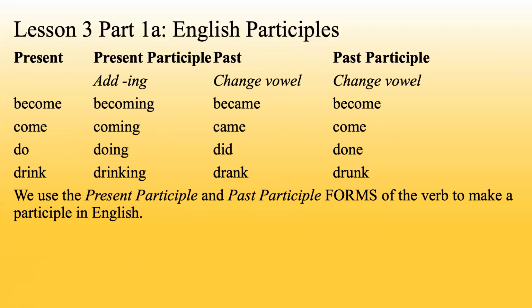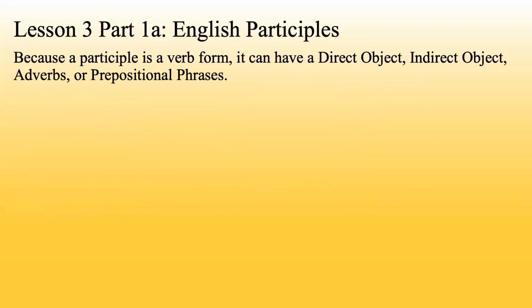We use the present participle and the past participle forms of the verb to make a participle in English. So that could be an ed form, one of the common forms, or one ending with n, or as we saw in some of these last ones, just something that's very different. But don't worry, it will sound right in English to you if you're a native English speaker.